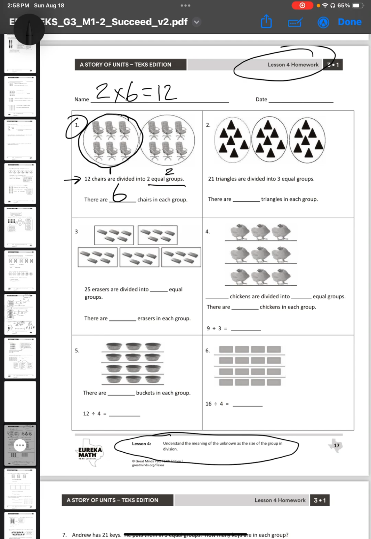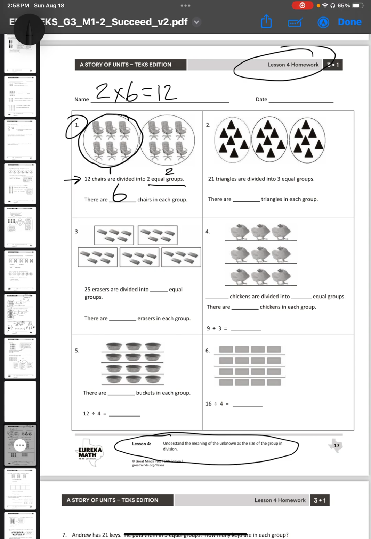Anything you have, pencils, dry beans, little pieces of rice, game parts, anything that you can use to physically divide these objects out is going to be really powerful and extremely helpful for your child to start to understand division.